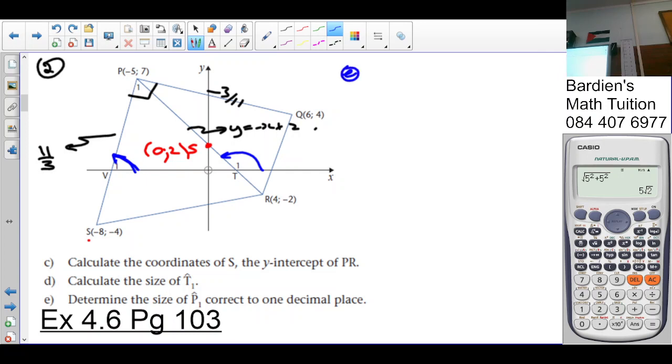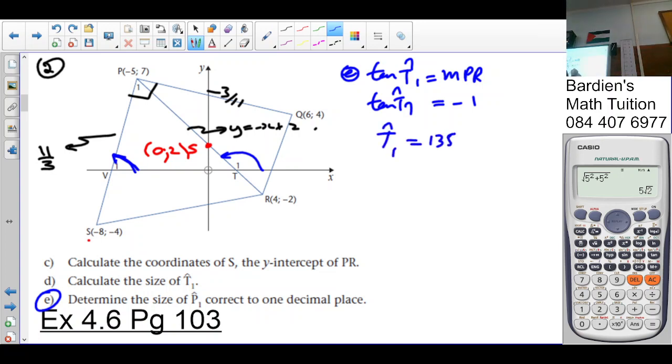So E, we know that tan of angle T1 is equal to the gradient of PR. Gradient of PR is negative 1. So arctan of negative 1 is going to be negative 45 plus 180 gives you 135.